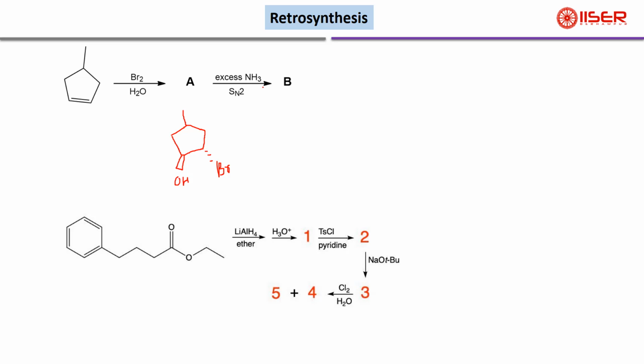In the next step, if you add an excess amount of ammonia present in the reaction, as they have mentioned excess, that means both of the groups will be substituted. So our product B will be, as both are getting substituted, the amine will attack from below the plane here and amine will attack from above the plane here.